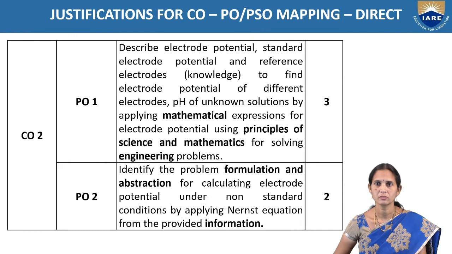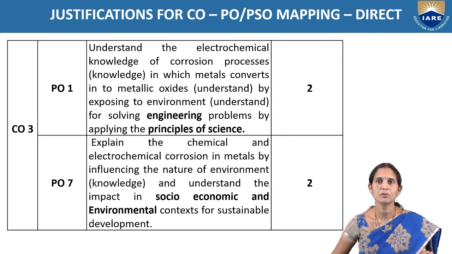So next one, CO3, PO1. Understand the electrochemical knowledge of the corrosion process. So they will learn about the corrosion process knowledge, in which metals convert into metallic oxides. So the students will understand how metal is converting into metallic oxide. Means when metal is exposed to the environment, here the metal is having a layer that is known as metallic oxide.